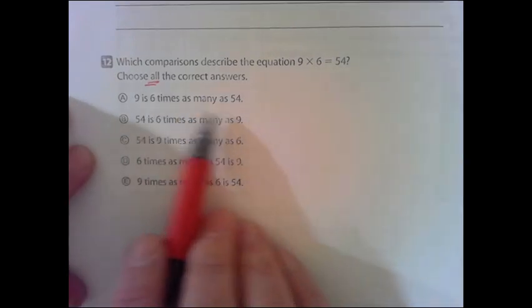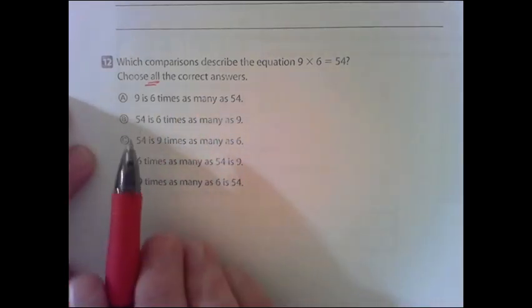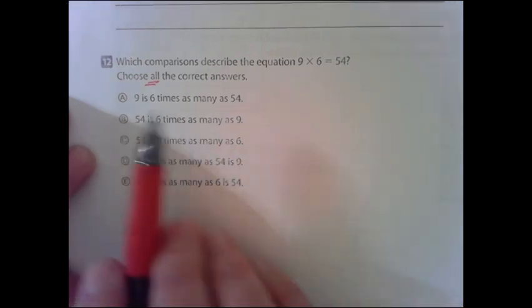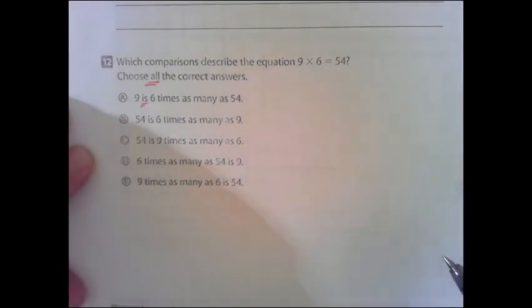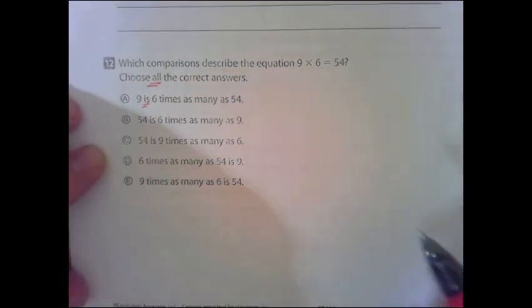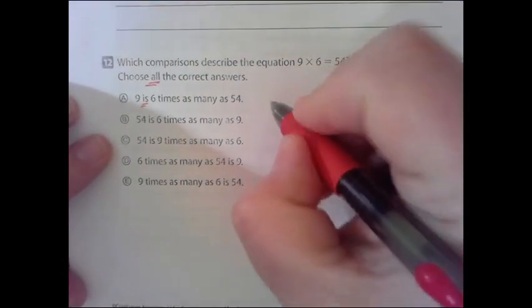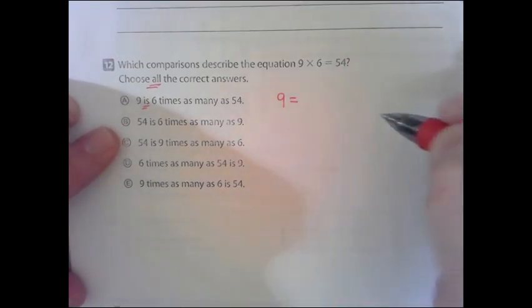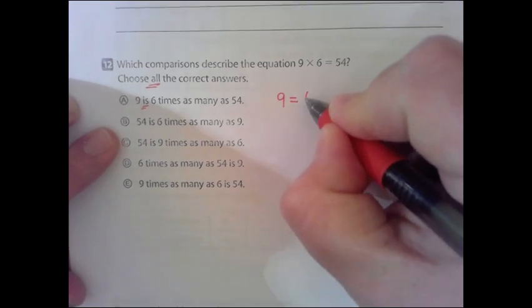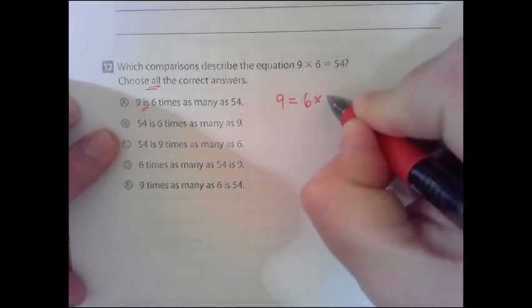I like to turn these into number sentences by looking at the word is and replacing it with an equal sign. So for A, 9 is 6 times as many as 54.